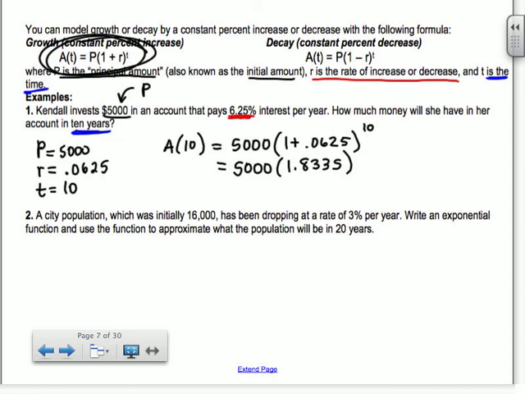It's not going to be off by like 2 cents, it's going to be off by a lot. So even though I wrote 1.8335 there, I'm keeping that number in my calculator. Now I'm taking that answer and multiplying by 5,000. So you get 9167, and now I round at the very end. So 0.68. And that's your answer.